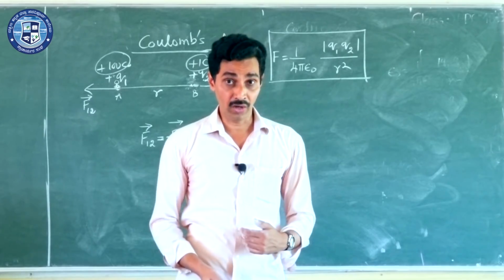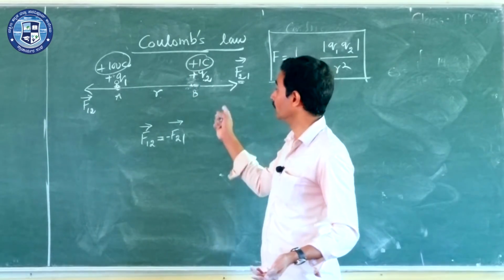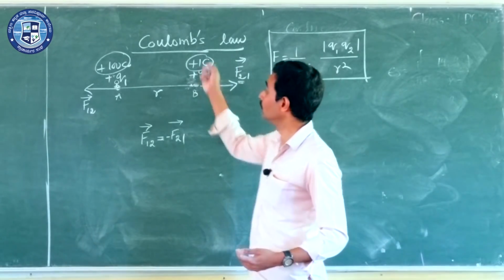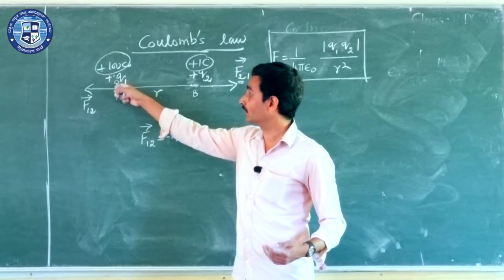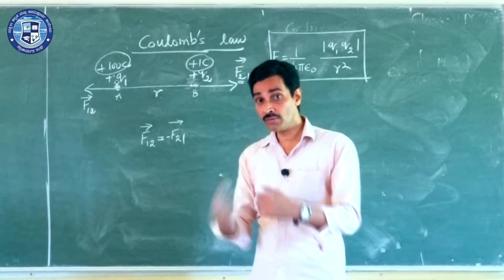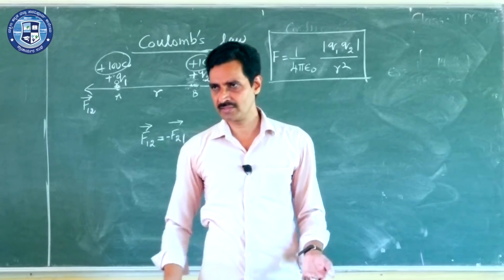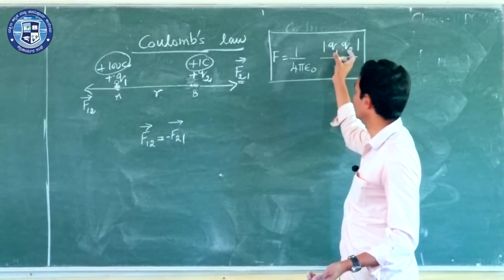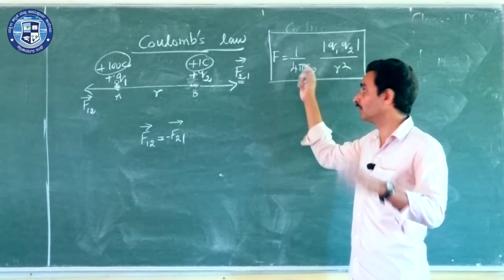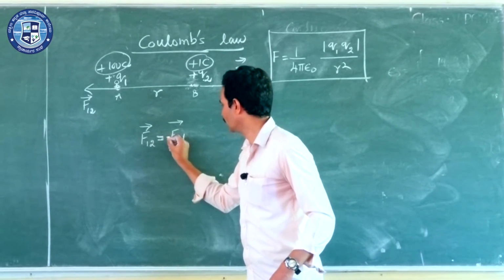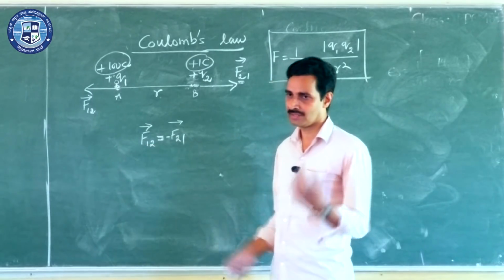What is the ratio of force exerted by one on the other and each other? What is the ratio? Force exerted by 1 Coulomb on 100 and force exerted by 100 on 1. What is the ratio of them? 1:1. That's all. Because there is no difference in the force. The product is same. Even if you write Q1 Q2 or Q2 Q1, you get the same answer. But vector wise, if you want to write, it should be equal to minus. But magnitude wise, they are one and the same.